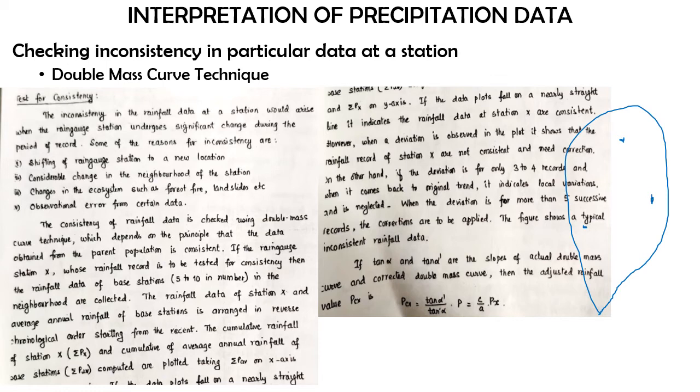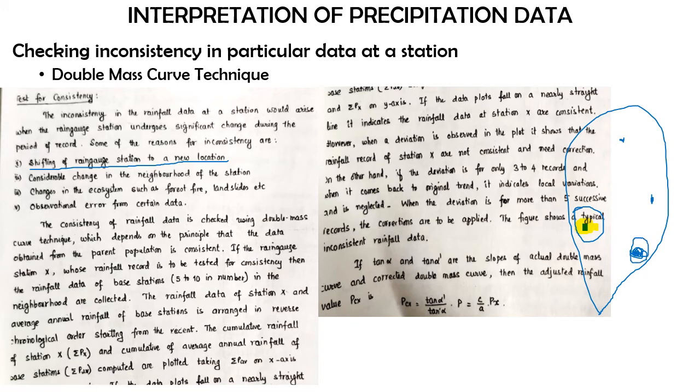First thing, if you shift the rain gauge station to a new location, if I try to shift this rain gauge station, which is over here, to a new location, imagine that new location is somewhere here, then what will happen? The surrounding of this rain gauge station has changed now.